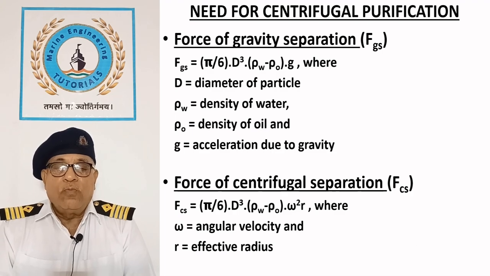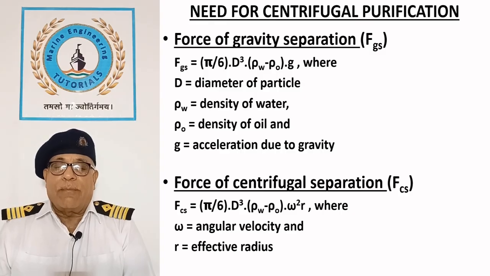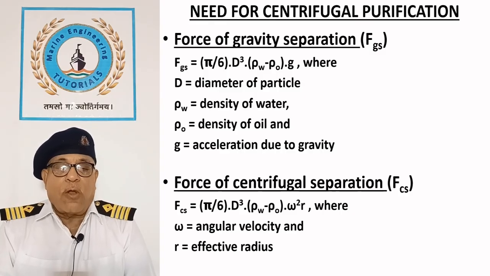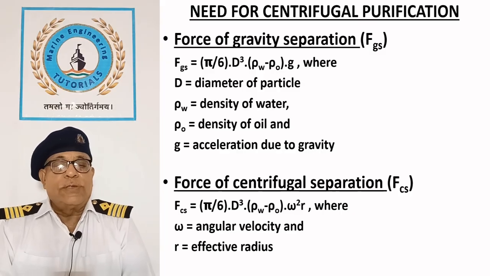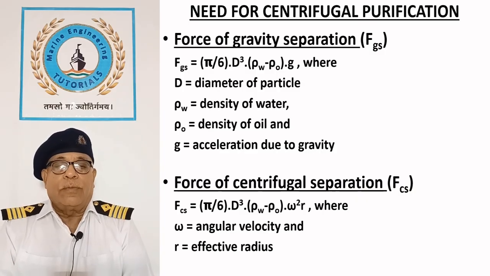The value of ω²r can be 5000 to 8000 times larger than g, depending on the speed of the centrifuge, which is about 6000 rpm, and the diameter of the bowl is about 600 millimeter. Centrifugal separation can provide a continuous cleaning operation.